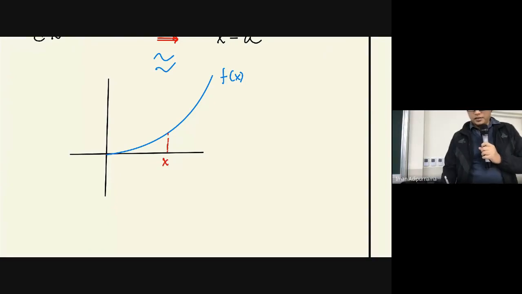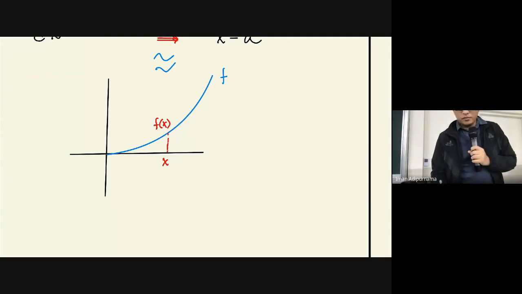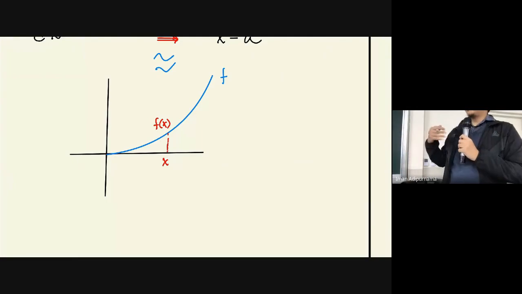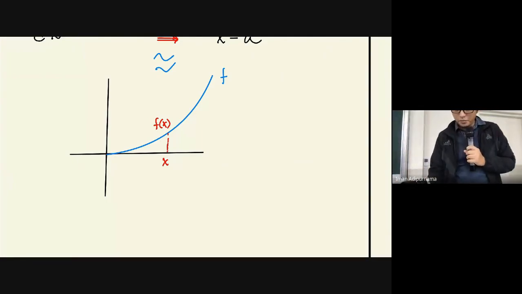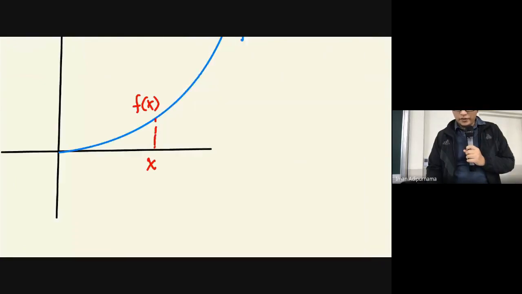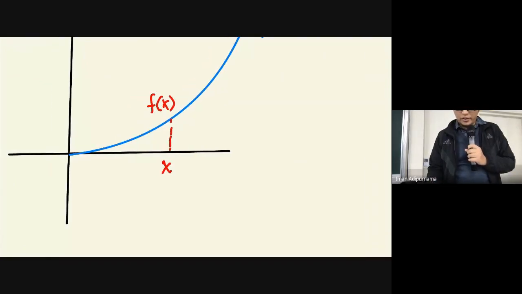Let's say this is f of x, just a general function. To help us calculate f of x, we need another reference. Let's say we have a here.